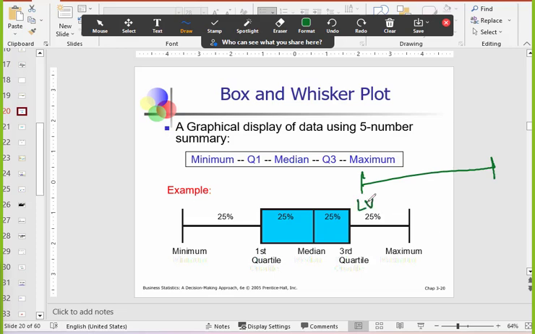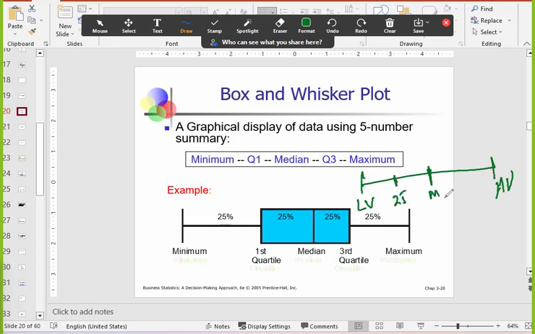If the median is in the middle, we draw a line here. If it is not in the middle, we'll see that in the next slide. Then we'll draw accordingly. And then we calculate first quartile Q1, which is 25 percentile. If it is in the middle of median and lowest value, we'll draw it here, and then 75 percentile. And we'll draw a box here.